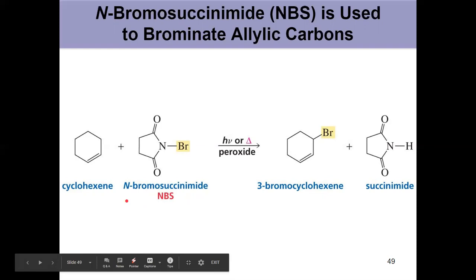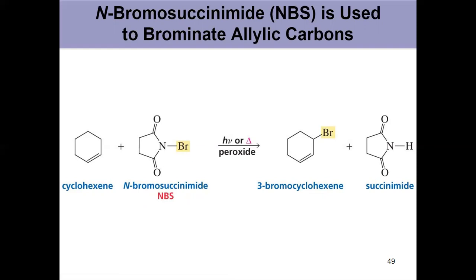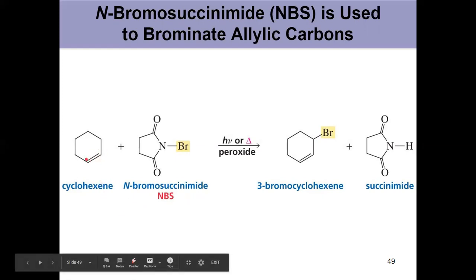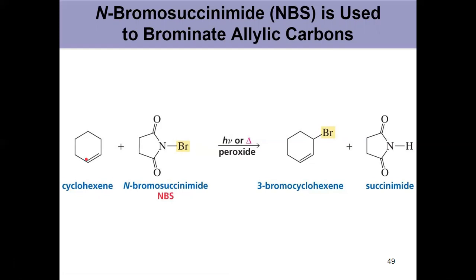really common. And we use it because it's more environmentally friendly than using bromine, and we can do it at lower concentrations. And the other advantage is if we were adding Br2, we would have a competing reaction, adding to this alkene, same thing with HBr. We know how those react with a pi bond there.